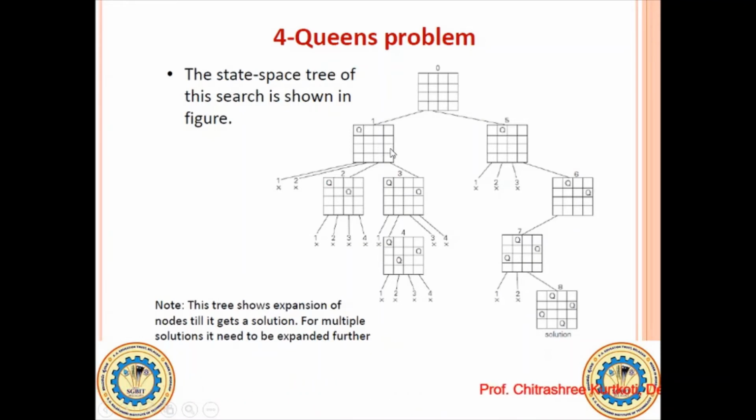Next, can we place it in the fourth? Sorry, we cannot place it, as this is also becoming a diagonal. Hence this is not considered a feasible solution. So this third solution, 1, 2 and 3, is also not leading us to the correct position of the third queen.